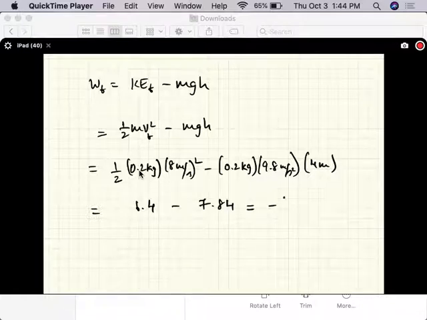And so as promised, friction did minus 1.44 joules of work.